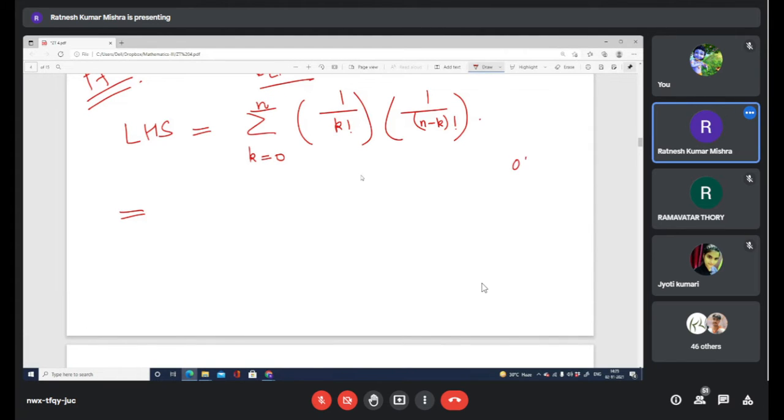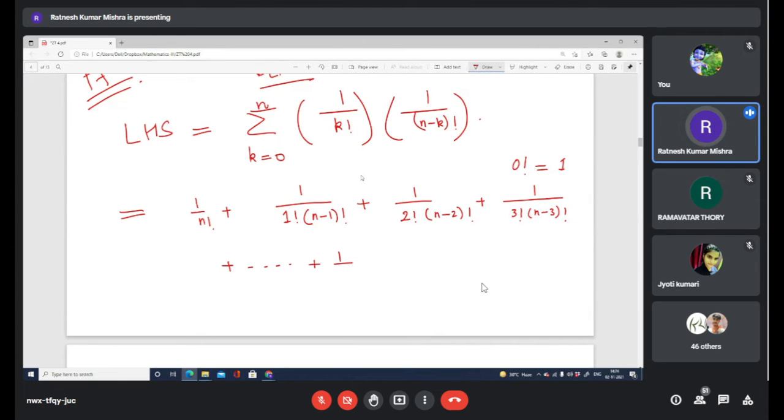So 1 by factorial 0, factorial 0 is 1, and 1 by factorial n, plus 1 by factorial 1 and (n minus 1) factorial, plus 1 by 2 factorial (n minus 2) factorial, plus 1 by factorial 3 (n minus 3) factorial, plus 1 by factorial r (n minus r) factorial, plus the last one 1 by factorial n and (n minus n).